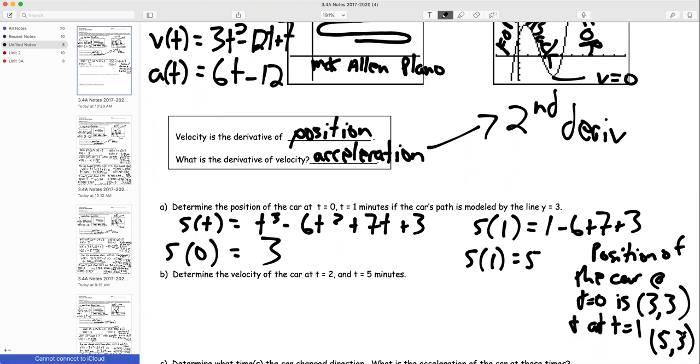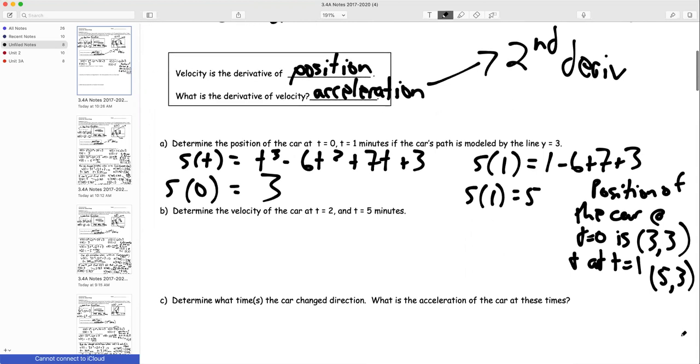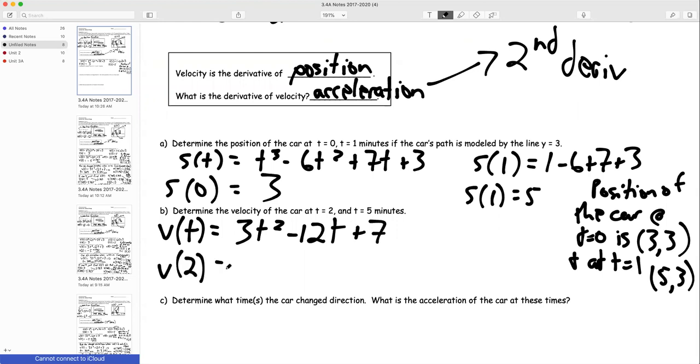Part B says determine the velocity of the car at t is equal to 2 and t is equal to 5. So now I'm going to use my velocity equation, which is again the derivative of the position. So my derivative is 3t squared minus 12t plus 7. And I want to find v of 2.